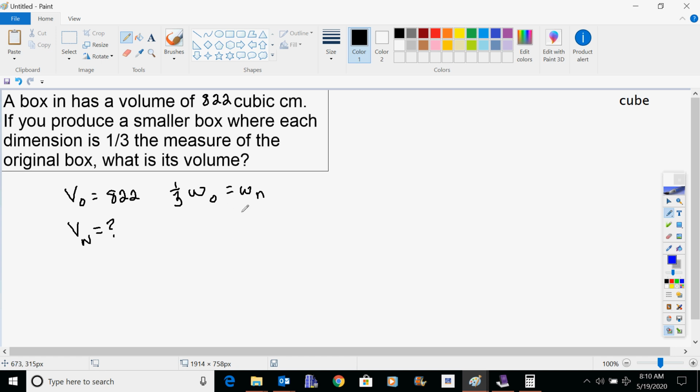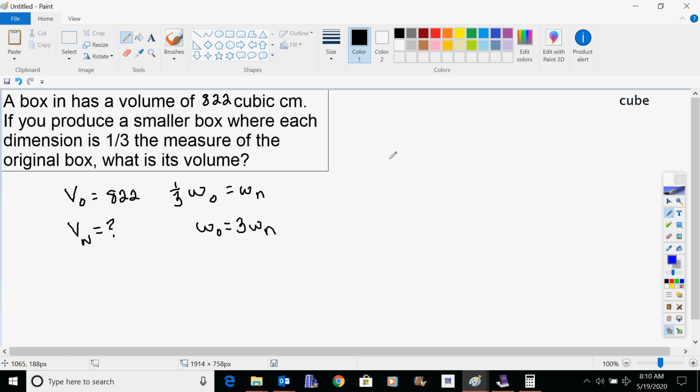So I like to think about it more the other way, that the width of the old one is 3 times as big as the width of the new one. It just makes it easier. You don't have as many fractions to deal with. So you multiply both sides by 3 in order to get the width of the original equals 3 times the width of the new one.